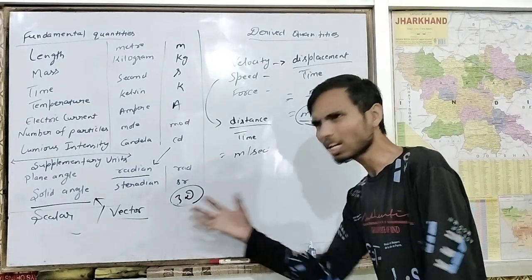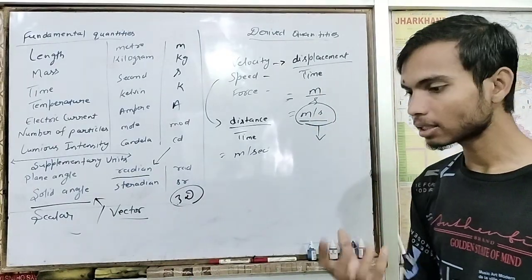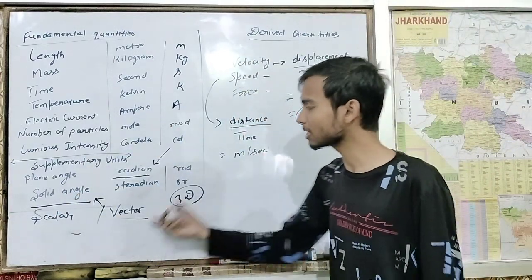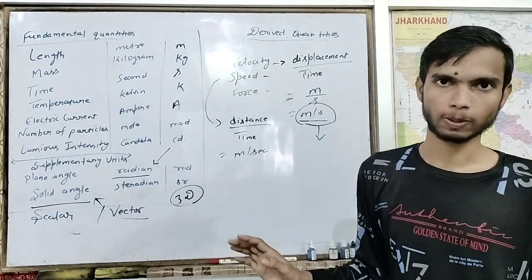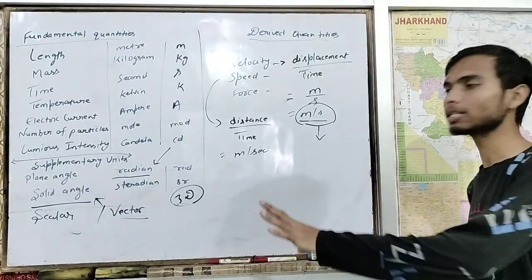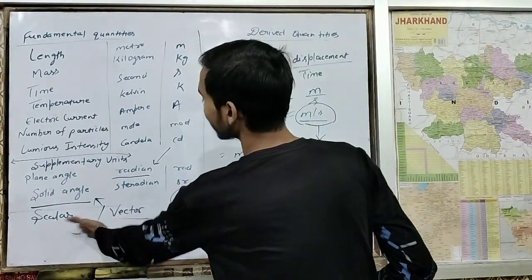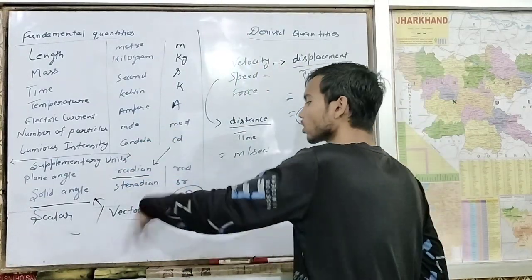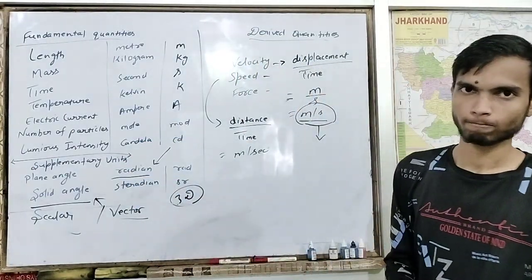Both are quantities, but some quantities will be kept in the scalar category and some in the category of vector. So now we are going to define which quantities come in each category.